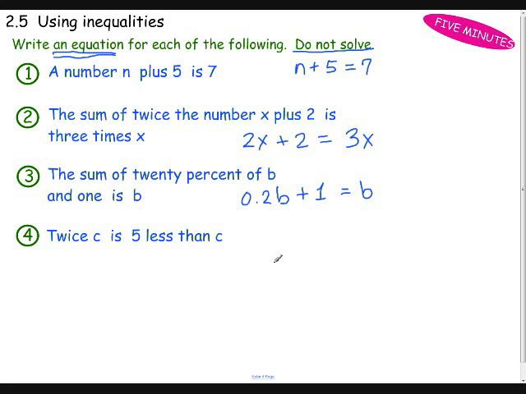We could solve any of these, but the point here is to just be able to read and convert what we read in words into an algebraic, in this case, equation. Twice c, 2 times c, is, remember when you see this than, please start with the c, and we're going to say 5 less.